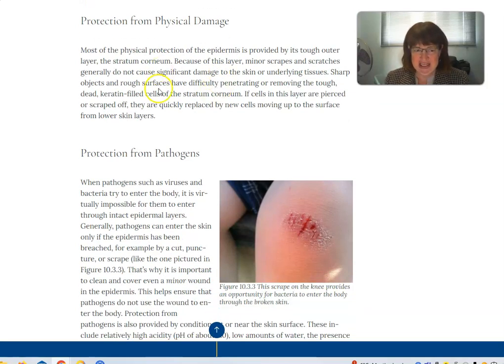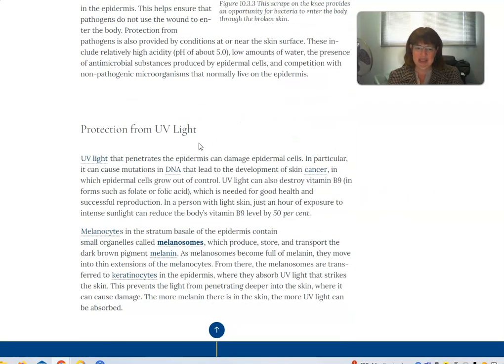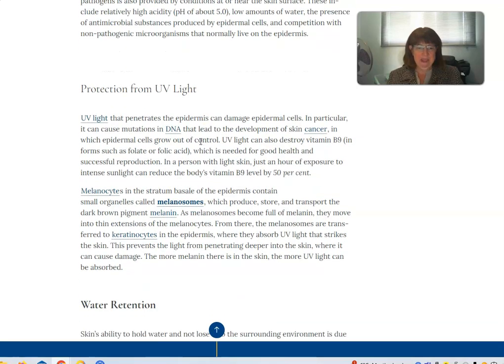Okay, so when we look at functions of the skin, we mentioned protection from physical damage to keep the insides in. You also are protected from pathogens if your skin is a tight barrier. If you get a cut in it, sometimes this is how you can introduce disease. We talked about protection from UV light, and that's using something called melanin.